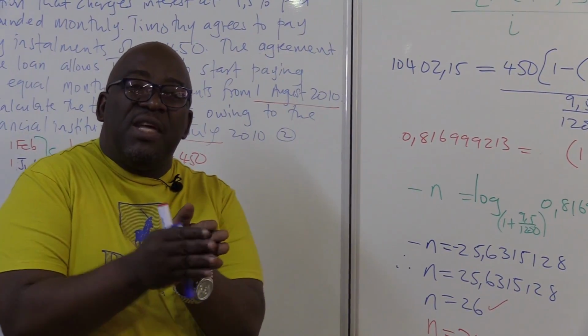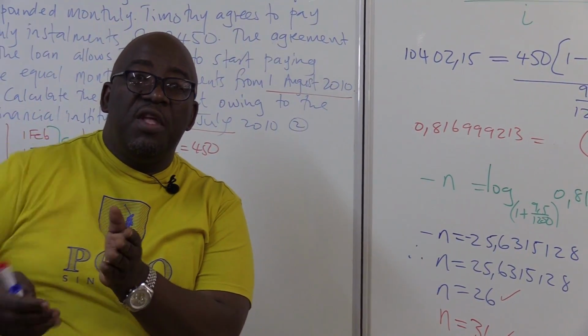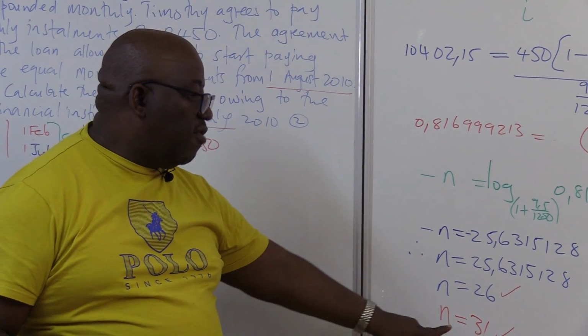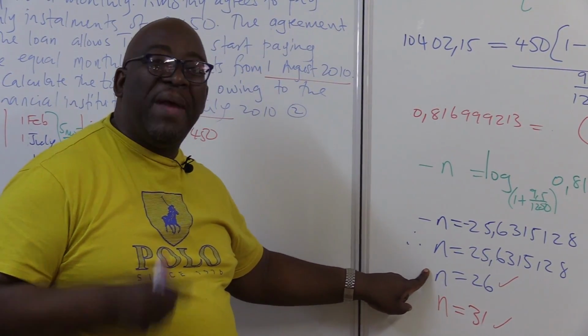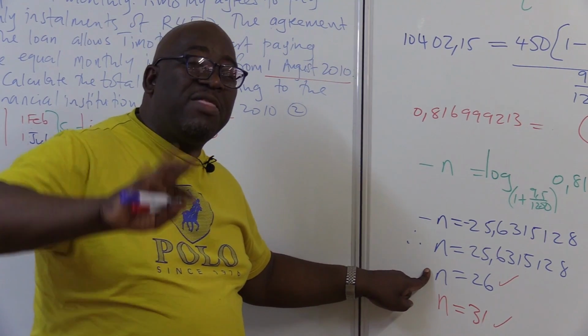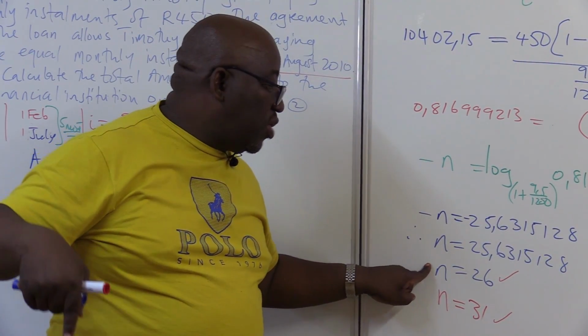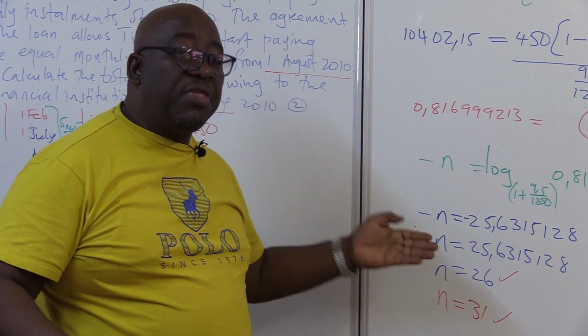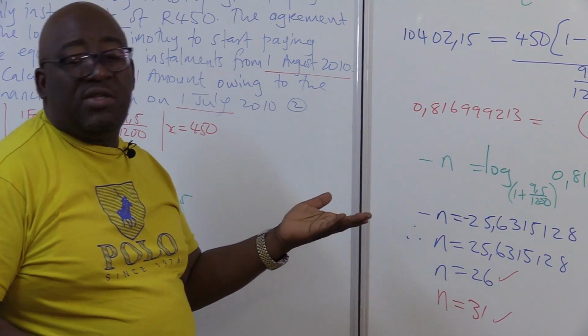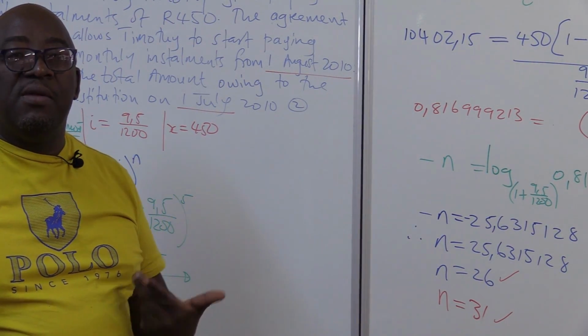Because there were 5 months that he was not paying for the loan. So the loan actually stayed with Timothy for 31 months. He paid for 26 months, but there were 5 months that he was not paying. So if you add the 5 to 26, you'll get 31. So both learners will be correct, whether the one says 26 or the one says 31. Thank you.